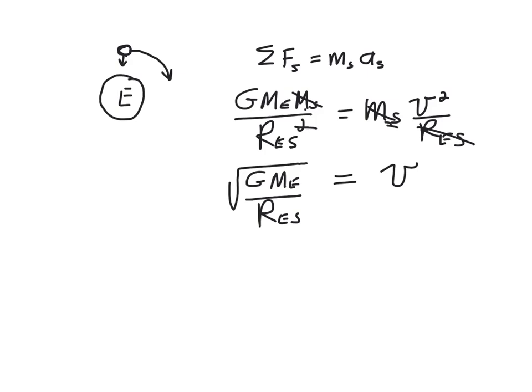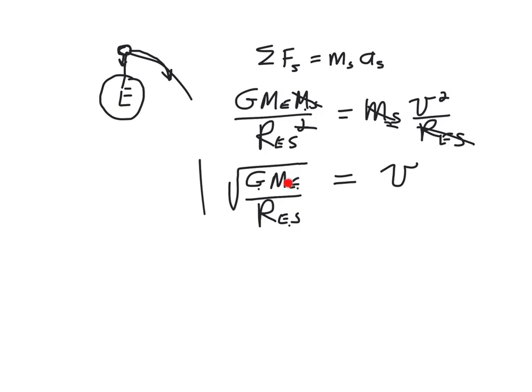And the velocity depends on G, it depends on the mass of the Earth, and it depends on the distance that you are from the Earth. So the further away from the Earth that you get, the bigger this number, the smaller the velocity has to be. And you could generalize this if you wanted to know the velocity of a satellite going around the moon.